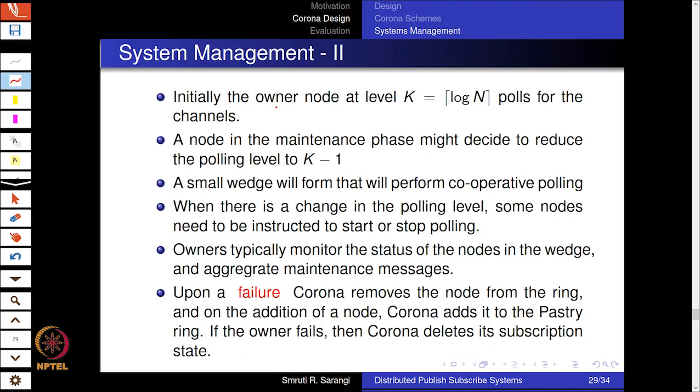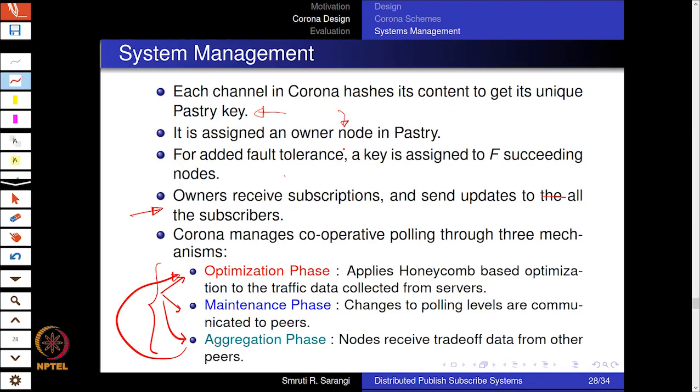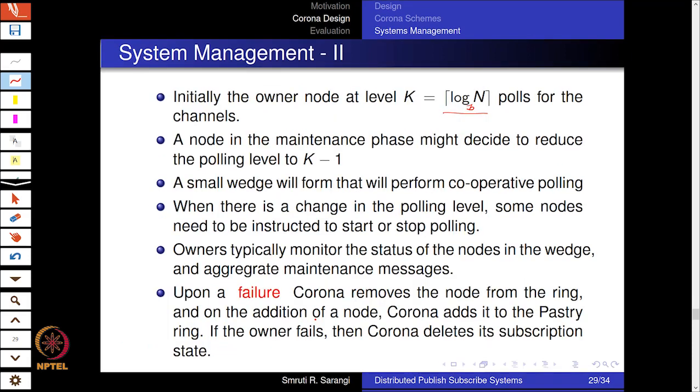So initially the owner node at level k, which is expected to be log n to the base b, polls for the channels. Any node in the maintenance phase, which you would recall is the second phase over here, might decide to reduce the polling level to k-1.